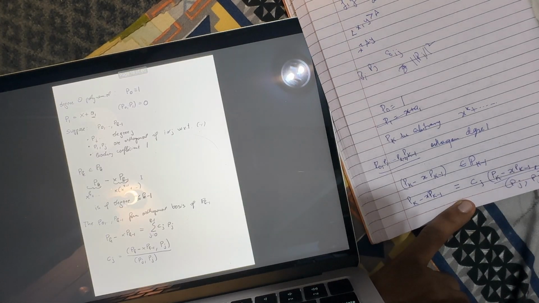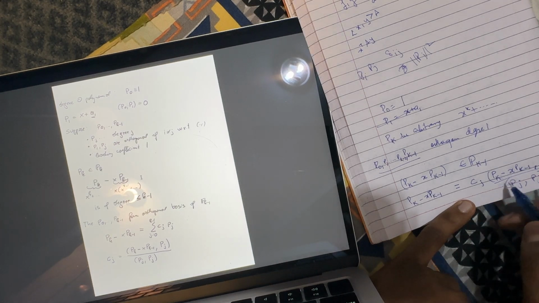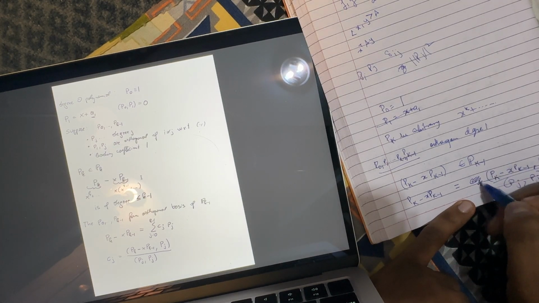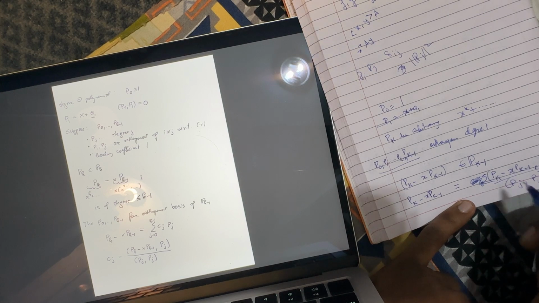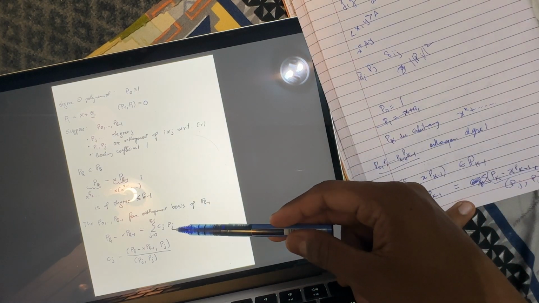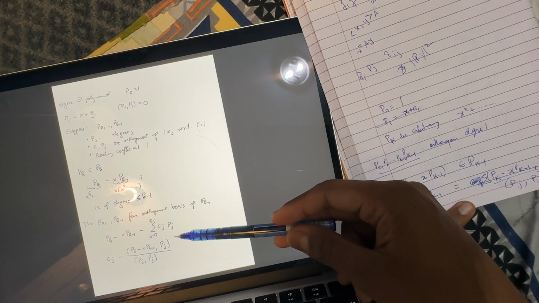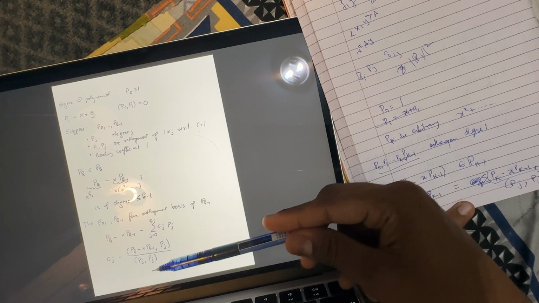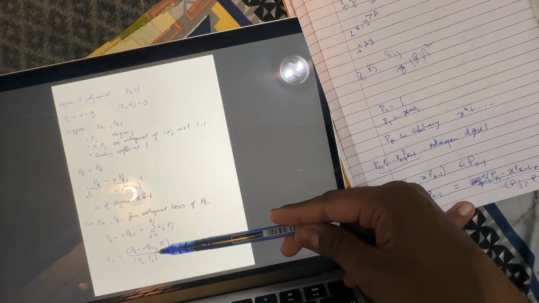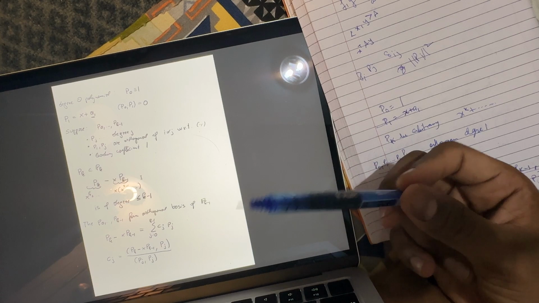Because they form an orthogonal basis, it is the sum of Cj Pj, where Cj is the inner product of Pk minus x Pk minus 1 with Pj.